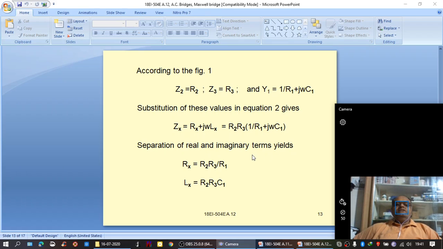Now separating the real and imaginary parts, we can write Rx as R2 R3 by R1 and Lx is equal to R2 R3 C1. These are the expressions for the unknown inductance values: Rx is R2 R3 by R1 and Lx is equal to R2 R3 C1.